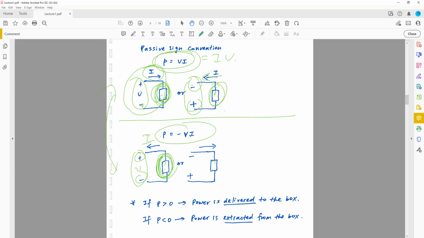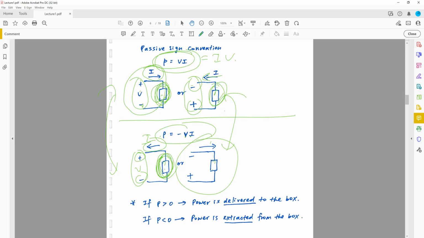Why minus? The minus sign comes from the fact that this is opposite from my passive sign convention. My current, instead of going from left to right, is now going from right to left. If you compare the two cases, you're going to see that current is flowing in the opposite direction.